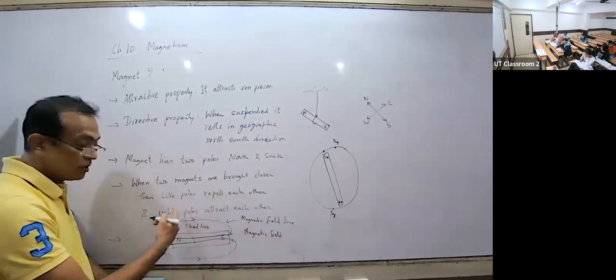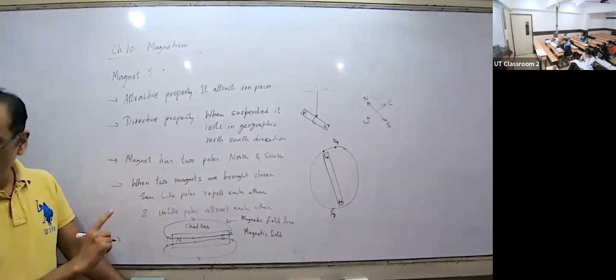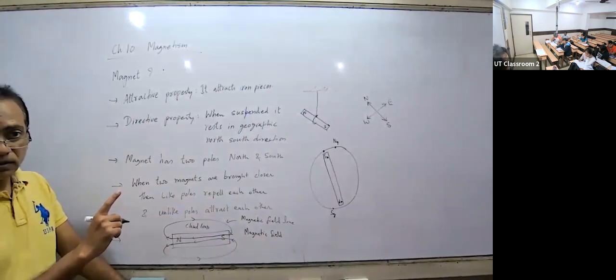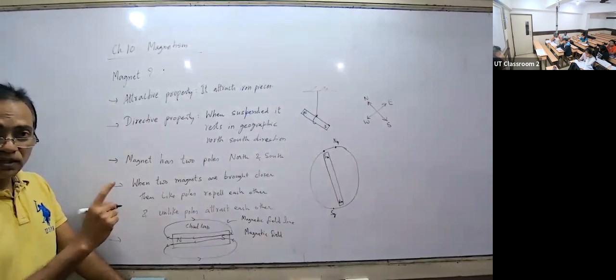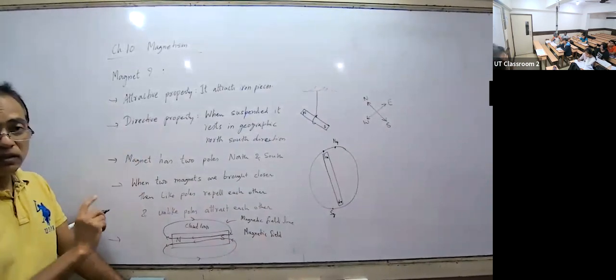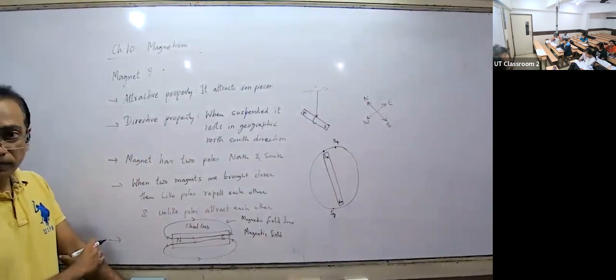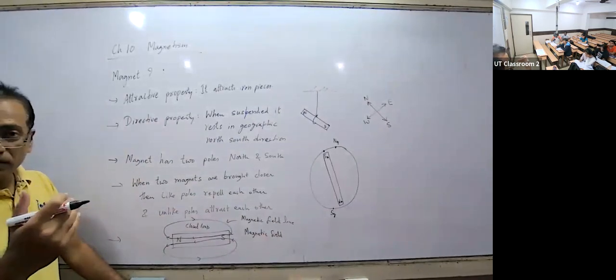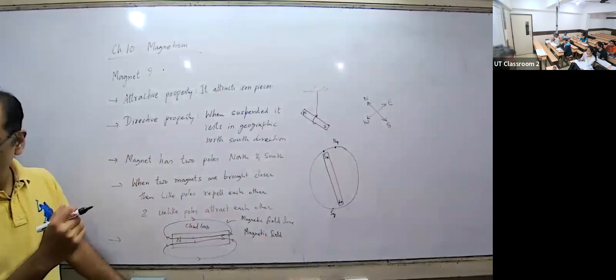It is the region around the magnet in which the magnetic compass rests in a direction other than geographic north-south. The magnetic compass will always align itself with the stronger magnetic field.